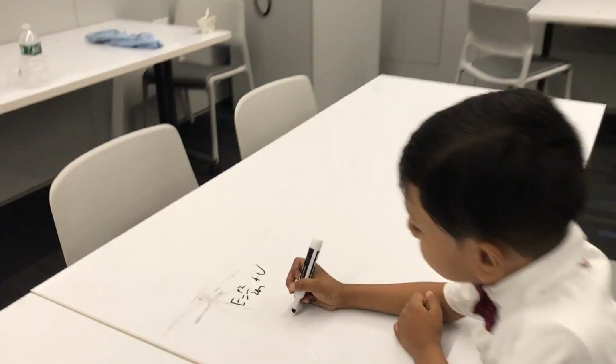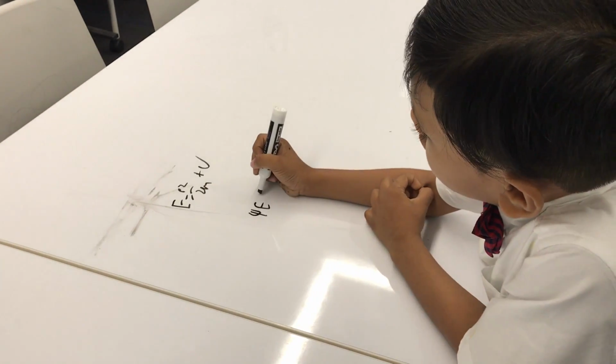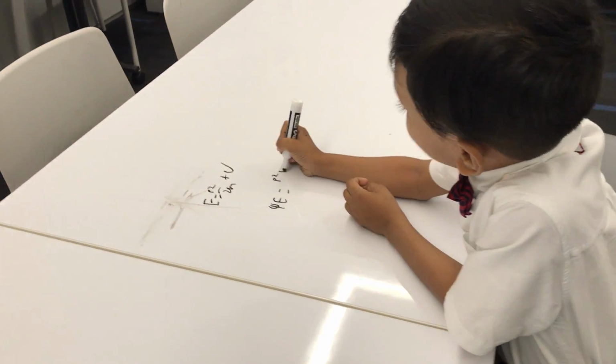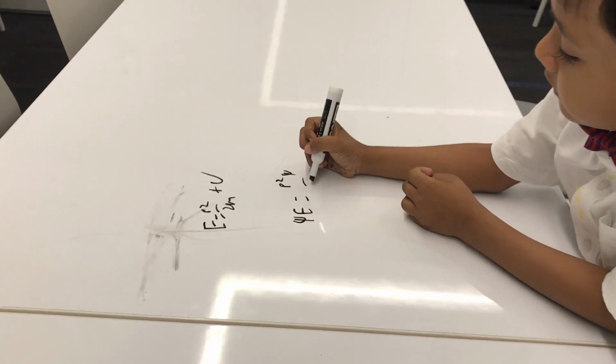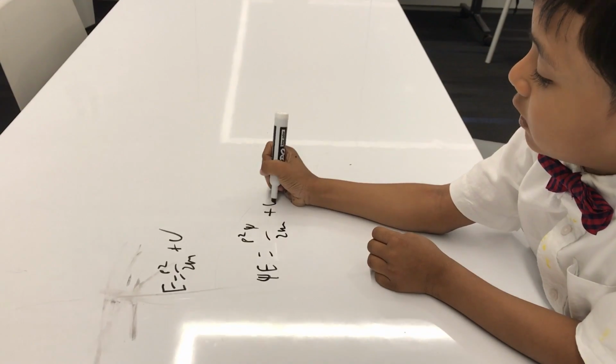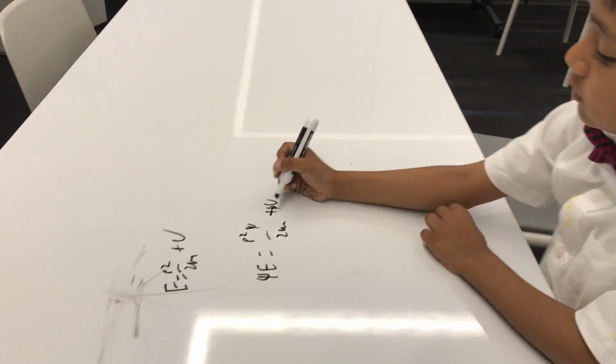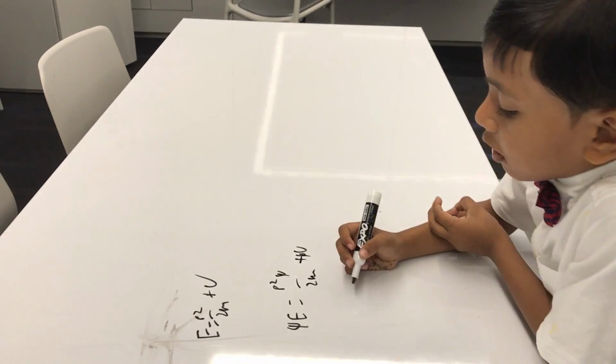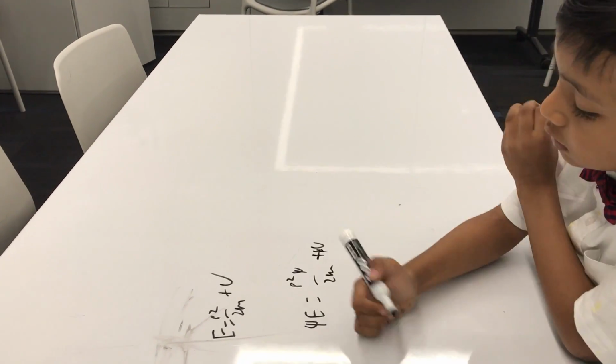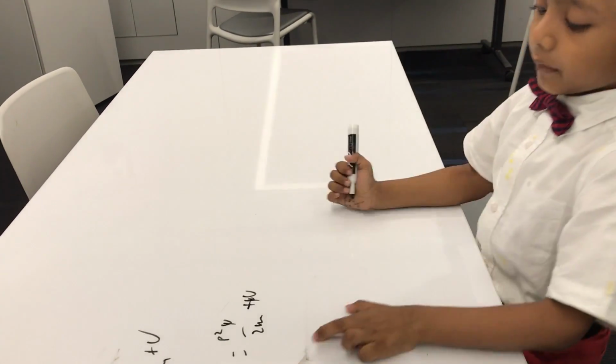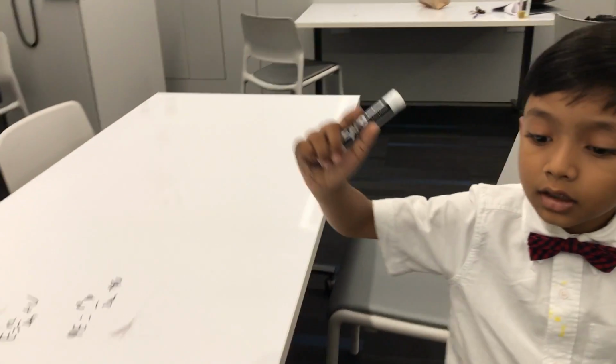Now, let's multiply everything by psi. You know what hit your buddy? Psi hit you. The square psi over 2m plus psi u. So, p squared psi.